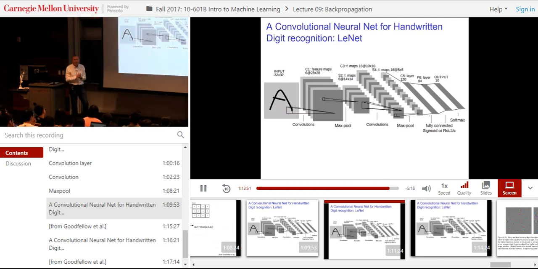Yes? How to design the kernel matrix? How to determine the kernel? Oh, how do you determine the kernel matrix? The only thing you have to determine is the size of the kernel matrix. The values that are in the kernel matrix, that's what gradient descent is giving us, exactly the same as it gave us those matrices of parameters in the network that we trained at the beginning of class.